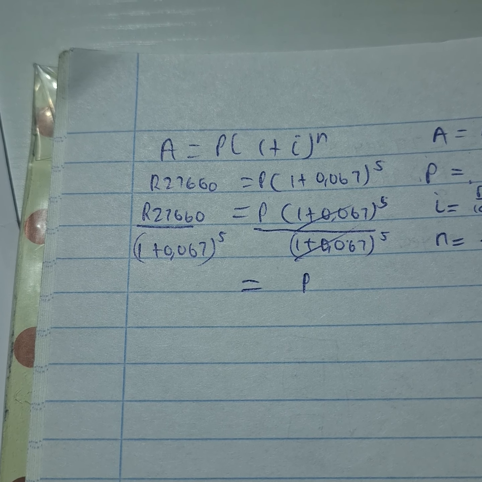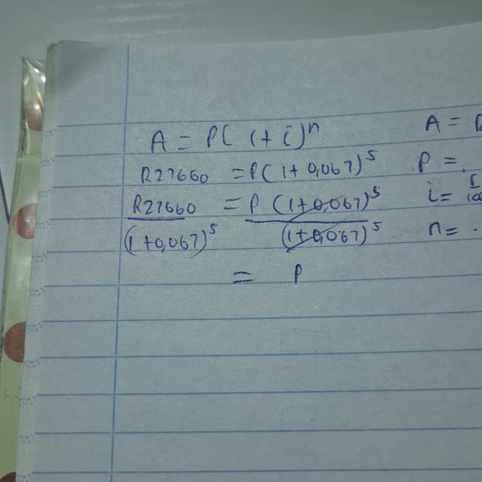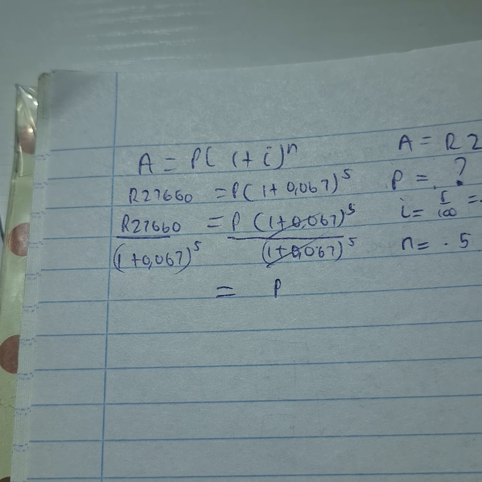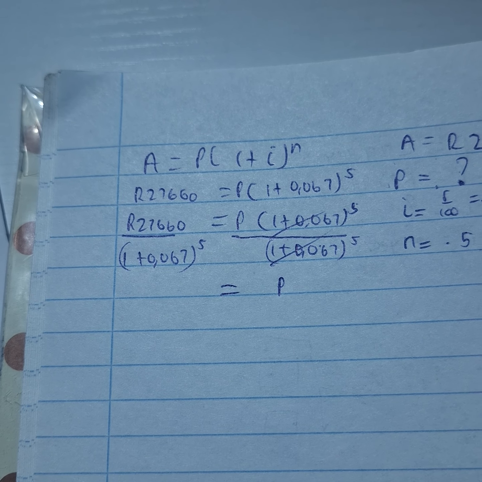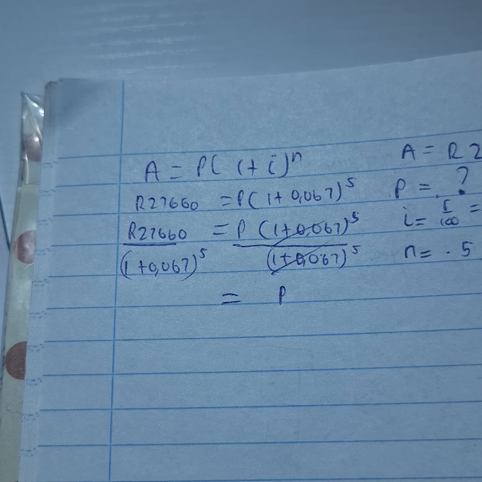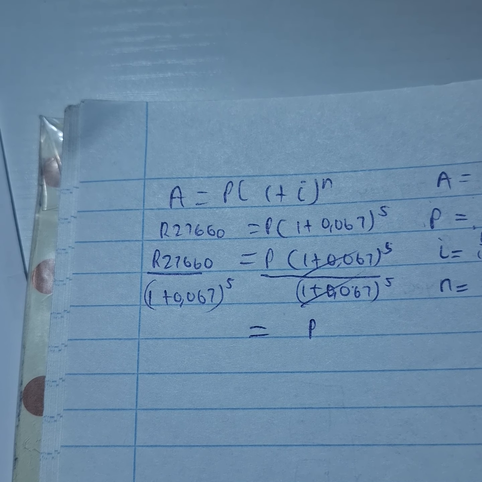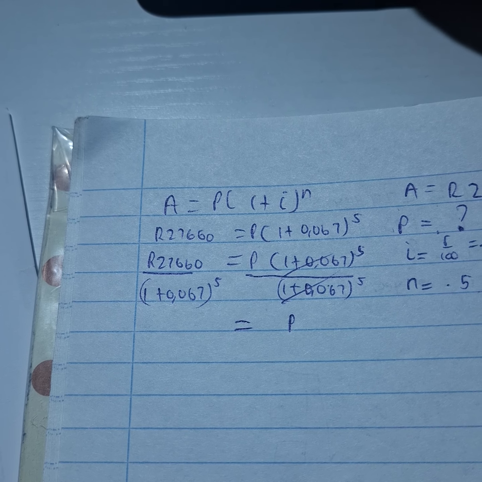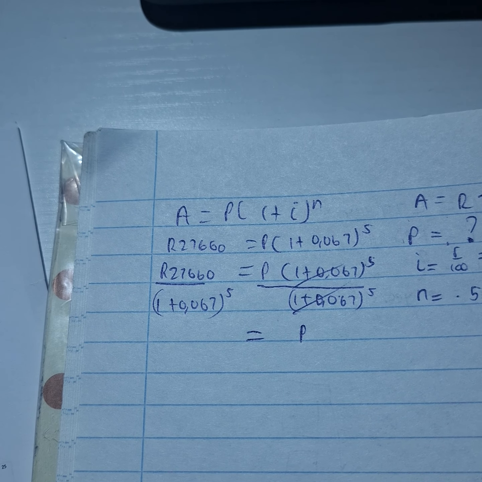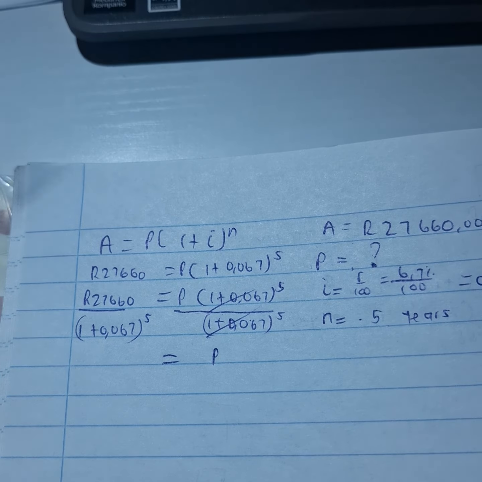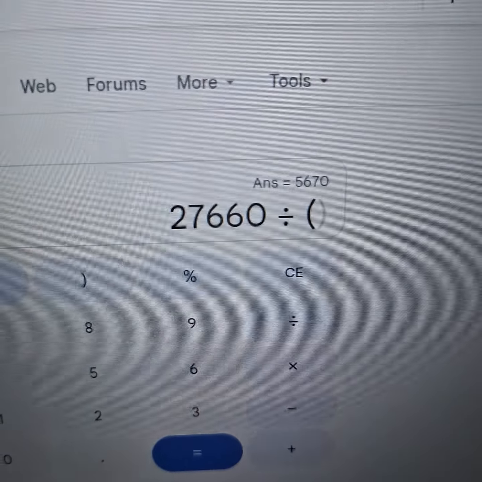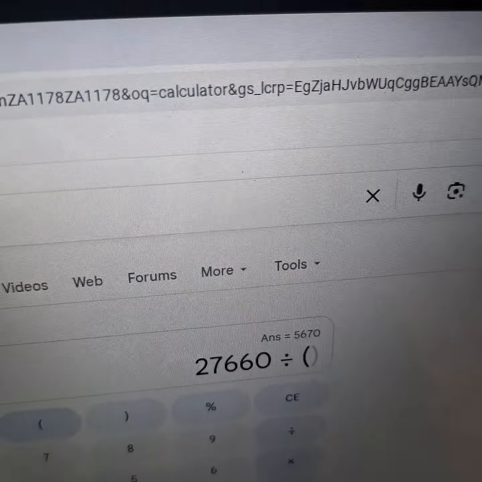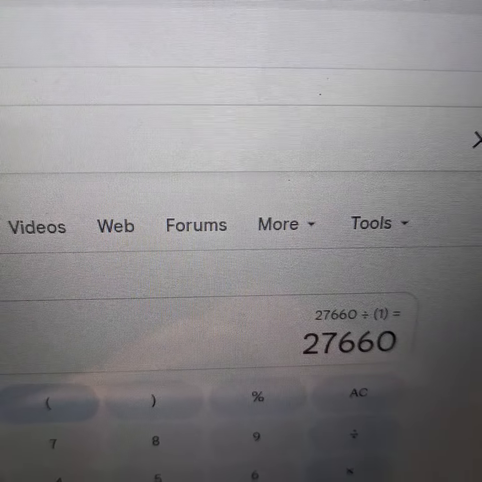That's 27,660 Rand, we're going to divide all of that. Obviously your scientific calculator can appear in fraction form. But because I'm using this online calculator, please guys, on your scientific calculator, you divide. Now I'm going to open brackets there so that whatever is inside that bracket can reflect.